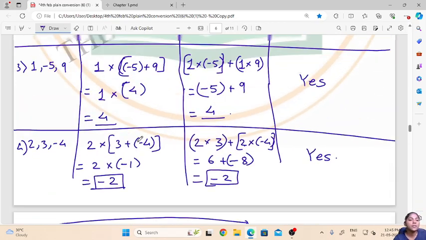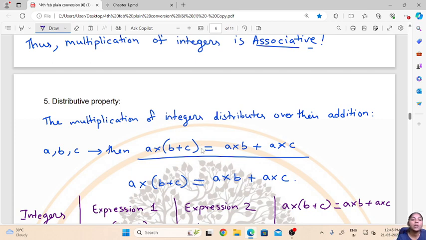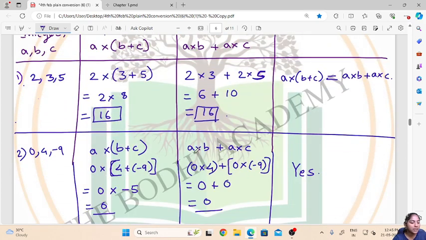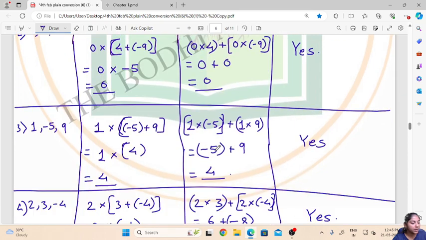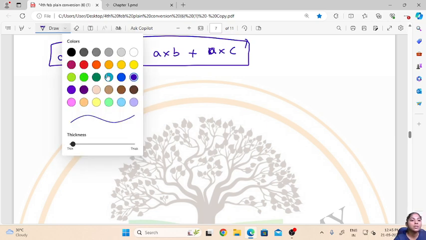Now we have seen these for addition, right? So will this property be true for subtraction? Let us try it for subtraction. So this is our expression. Let us now try it for subtraction.